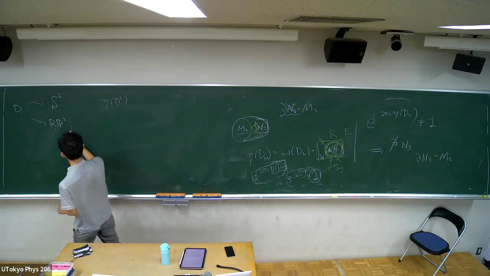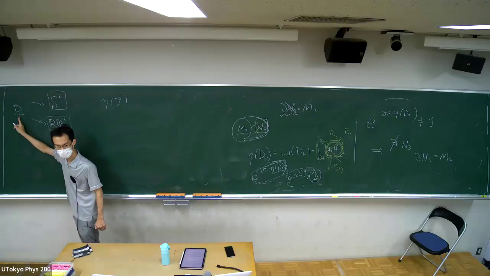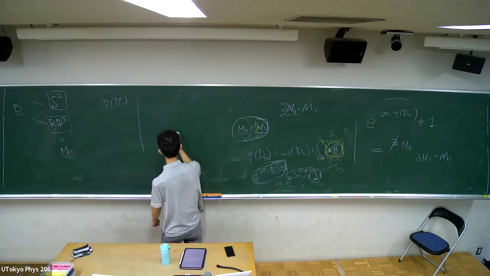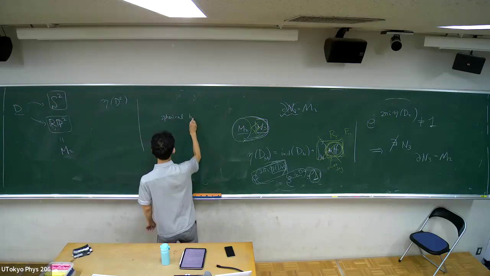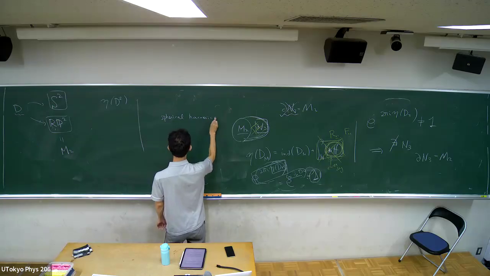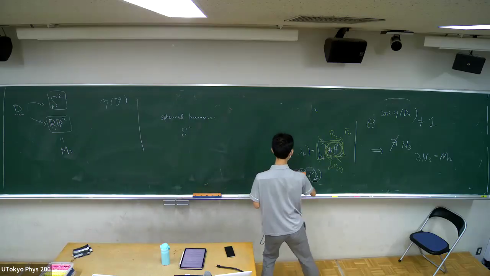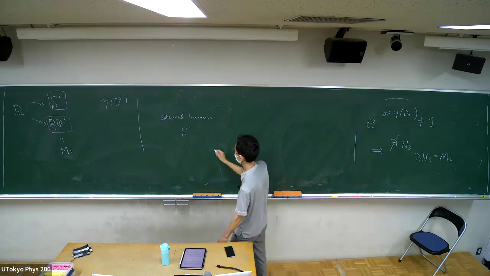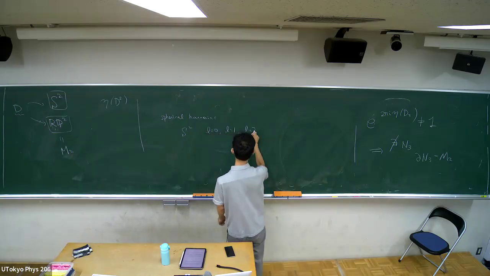But these manifolds are fairly simple, so you can work out the spectrum of the Dirac operator very explicitly. And everybody in the physics department knows the spherical harmonics, right? Spherical harmonics on S2 is just the Y_LM we learn in undergraduate school. So this has L0, L1, L2, and so on.